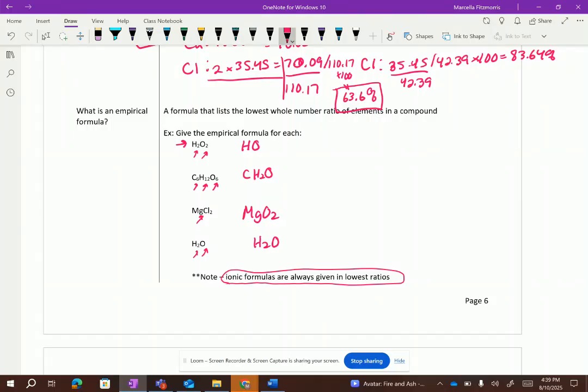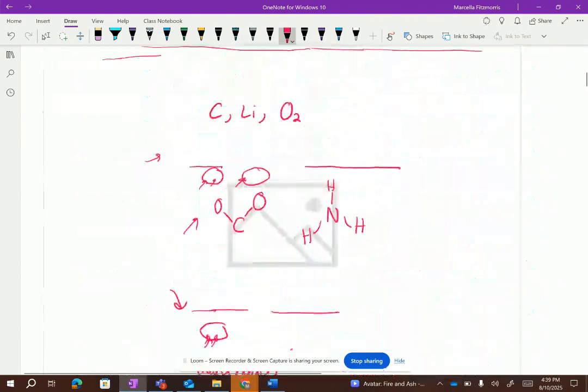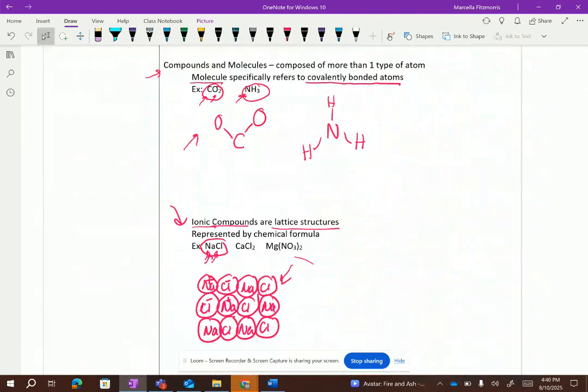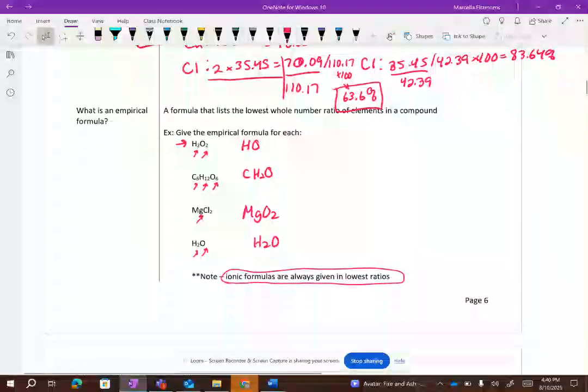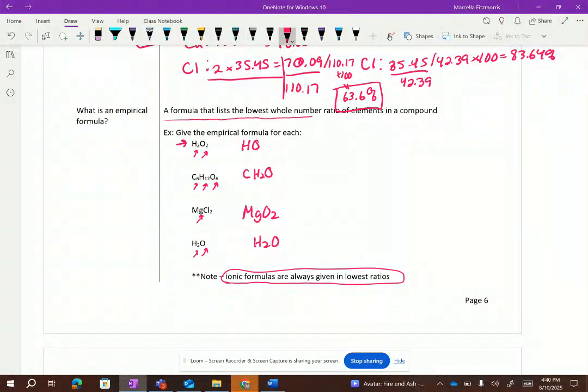Because up here, we already said that the lattice structure of an ionic compound, there's a whole lot of these atoms in reality, but we write the formula as the lowest ratio, so it's already going to be in the lowest ratio. So an empirical formula is a formula that lists the whole number ratios of an element in a compound. The lowest whole number ratios, so the simplified form.